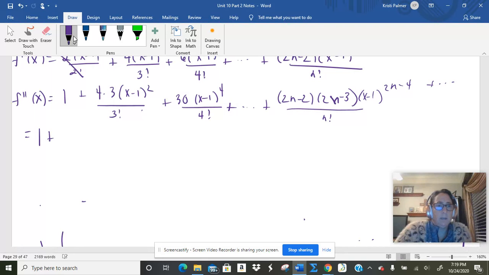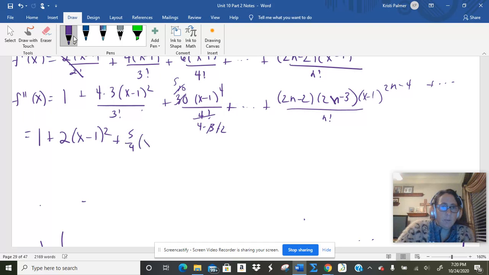We can clean that up a little bit if we want. So this would be 12 divided by 4 times 3, so it's going to give me 2. So 4 times 3 times 2, 5/4 even.